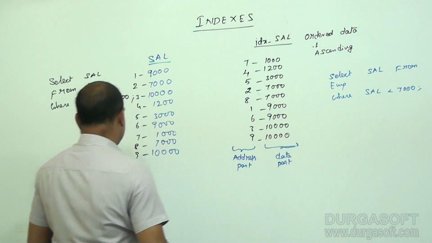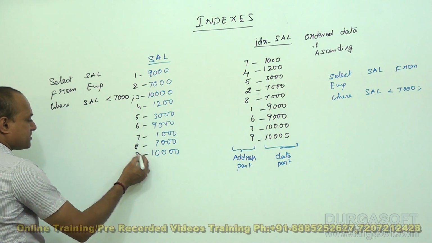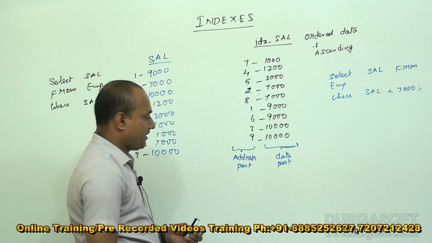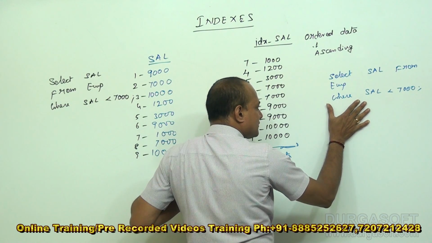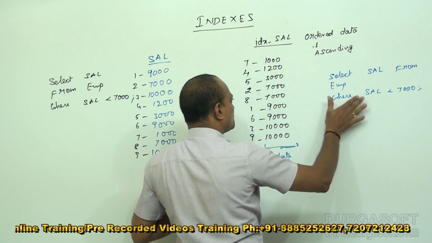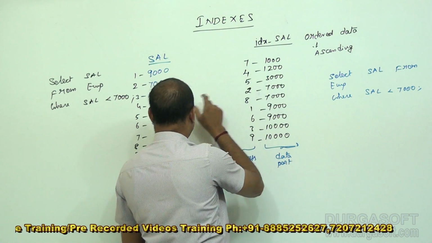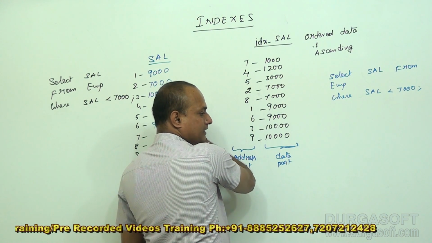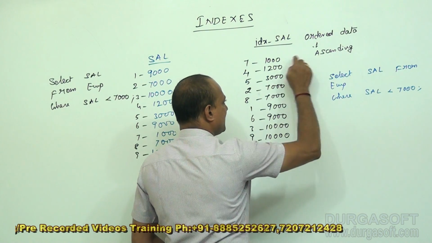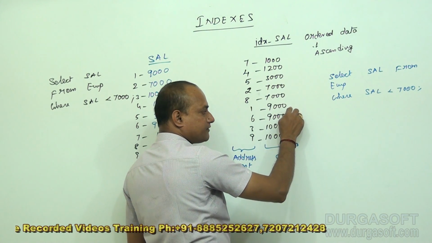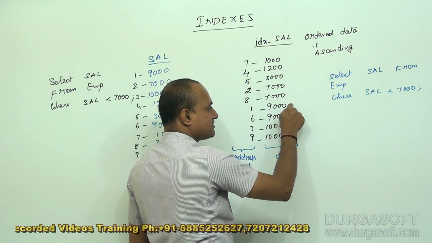Whenever you create an index on that column, control immediately goes to the index, not the table, and verifies this condition in the index.